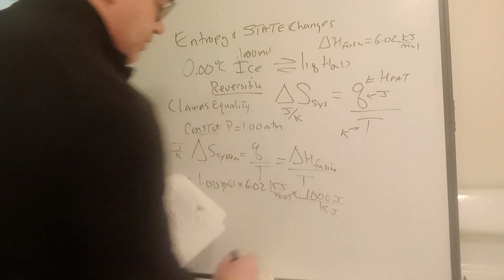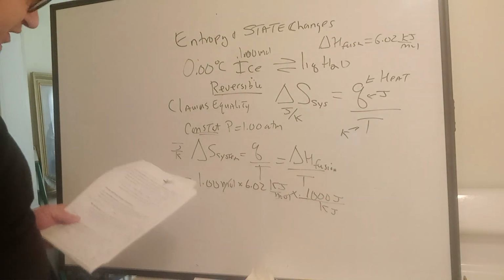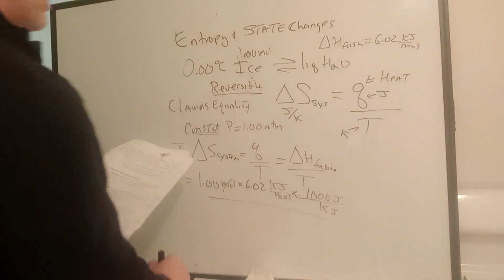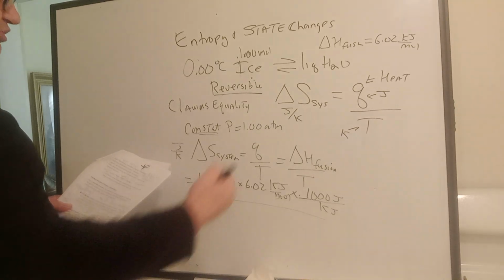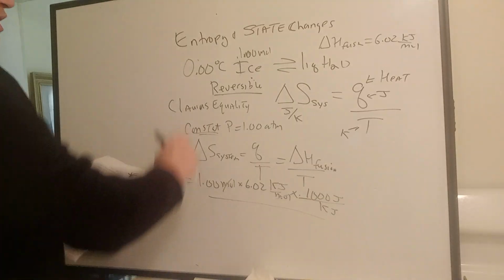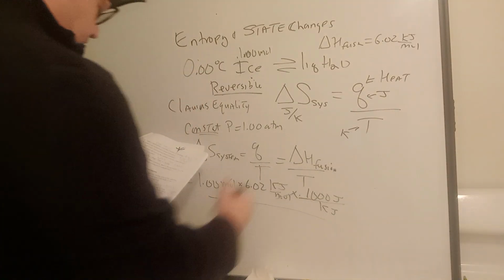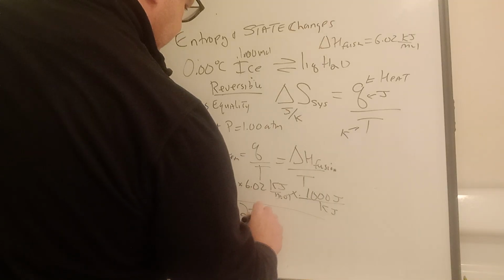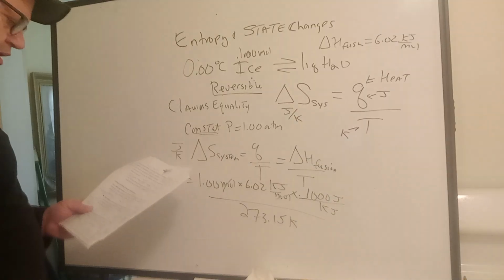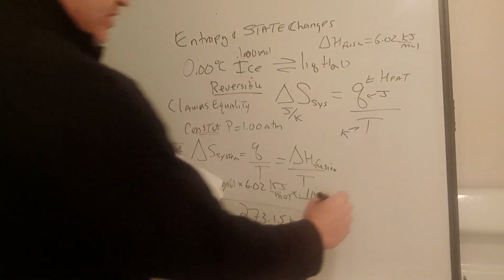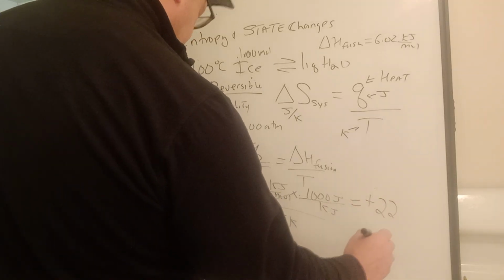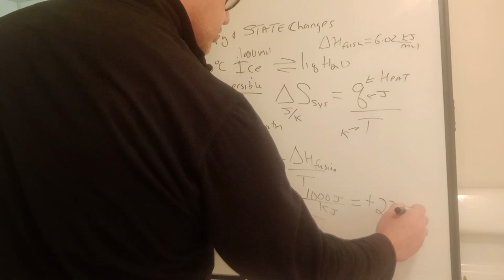The skills you learn for dimensional analysis are big time important in this course. I also state here that this is at 0 degrees Celsius, so we're at 1 atmosphere. We'll have a reversible process here. For the temperature you add 273. If you want to do it more exactly, you can get a couple sig figs. You actually add 273.15 to it to get it in Kelvin. And that ends up, check my math, to be positive. I'm going to put the positive here for emphasis, 22.1 joules per Kelvin.